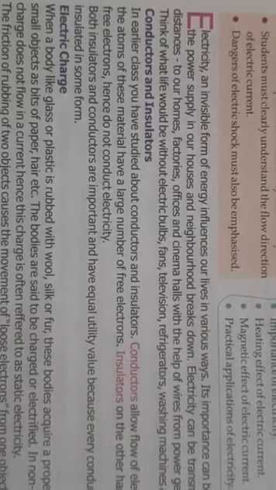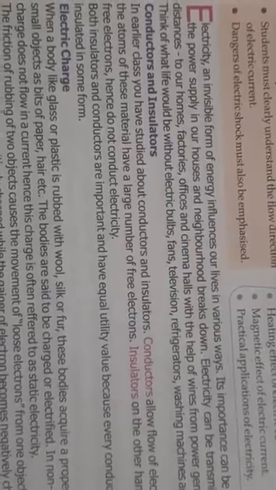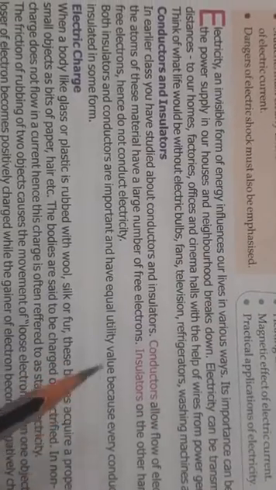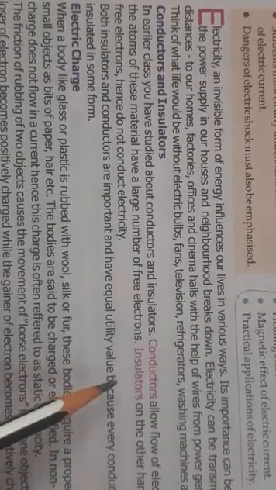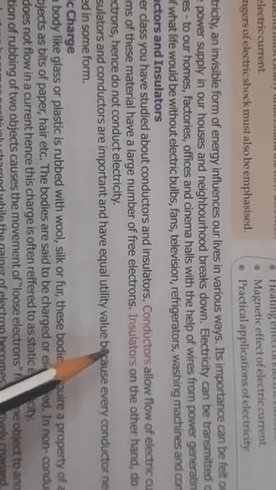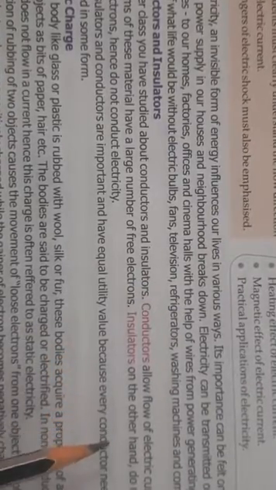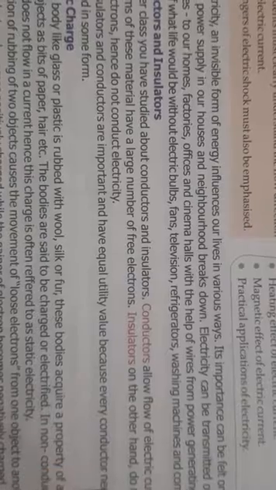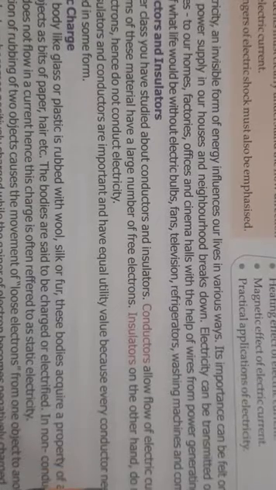First, we'll start with conductors and insulators, about which you have already studied in your earlier classes. What are conductors? Conductors allow the flow of electric current. And why do they allow the flow of electric current?